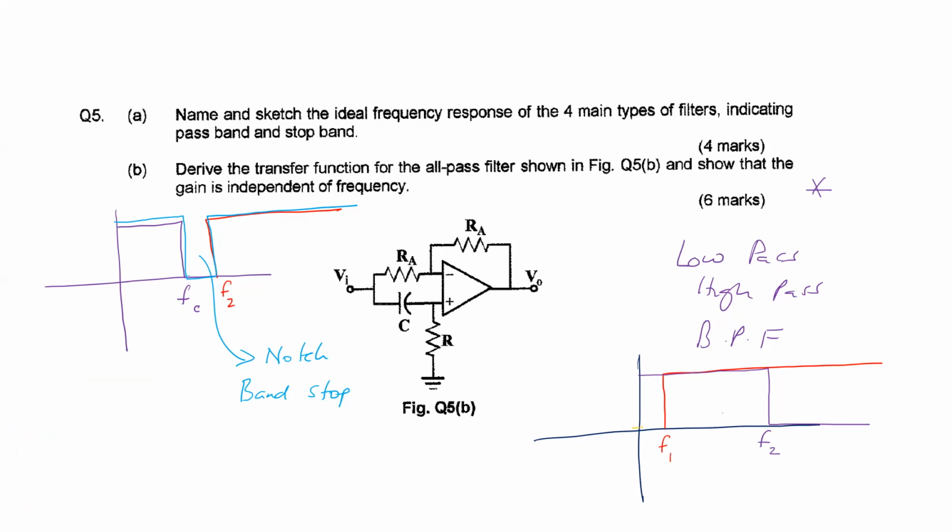You get the band pass filter, like was used in the radios. So it will allow this set of frequencies to pass but reject everything outside. So this is your band pass.